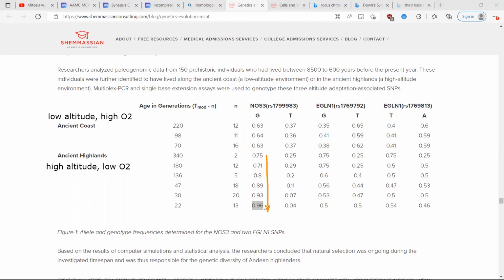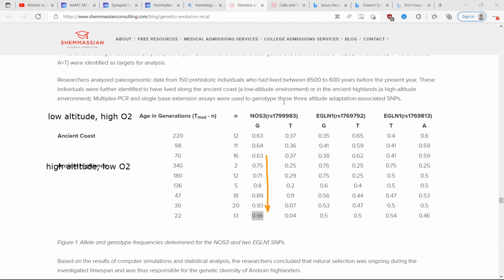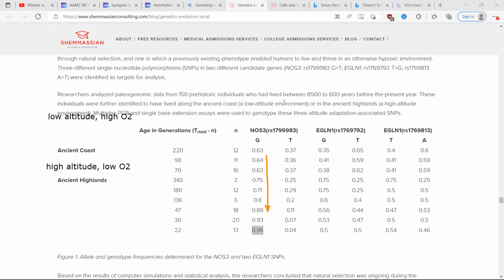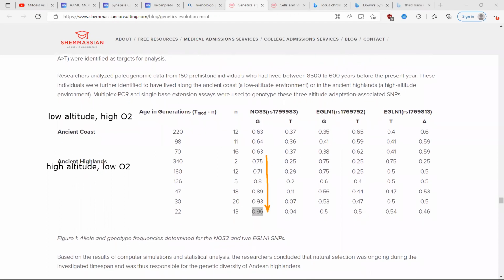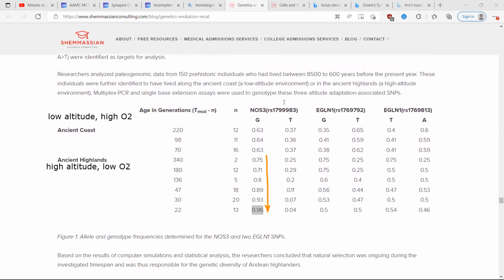So this is suggesting that G increasing is doing what? As G increases, what's happening for the Highlanders? Well, actually, T is decreasing, right? T is decreasing.